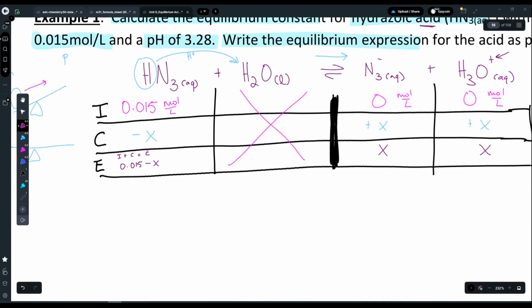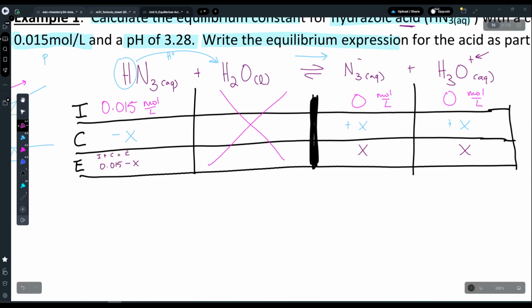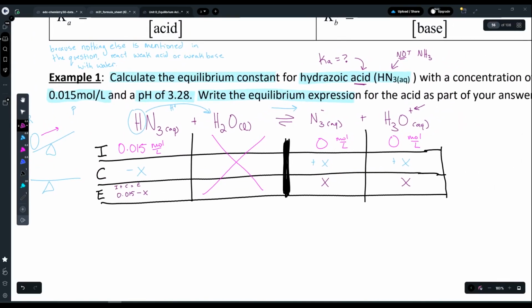Okay, so after our ice table, we need to figure out what exactly x is. Now, how we can do that is because we've been given the pH for this system here, we can use that to determine the concentration of hydronium, which would then help us to figure out what x is.